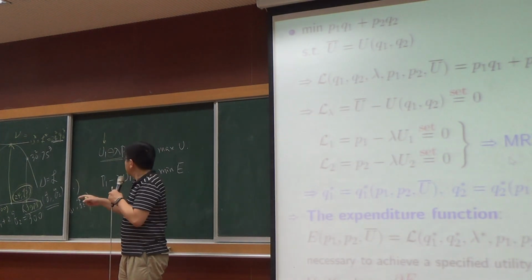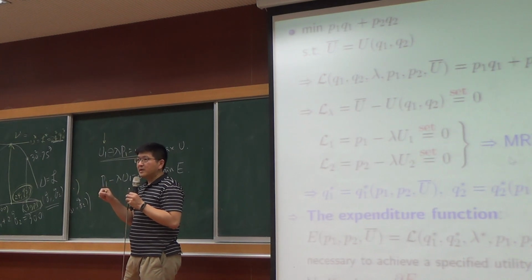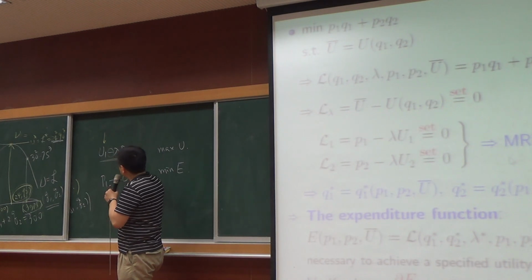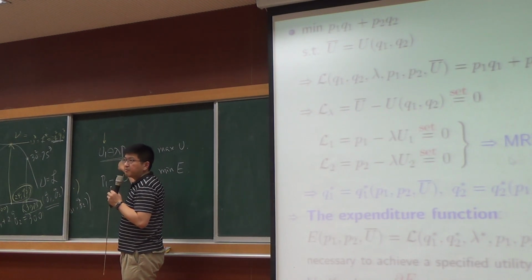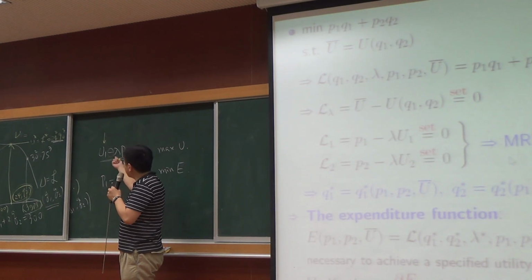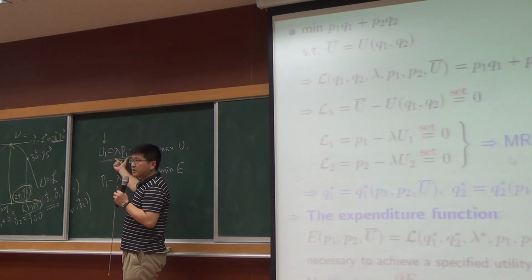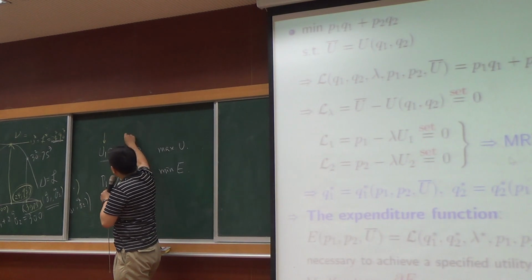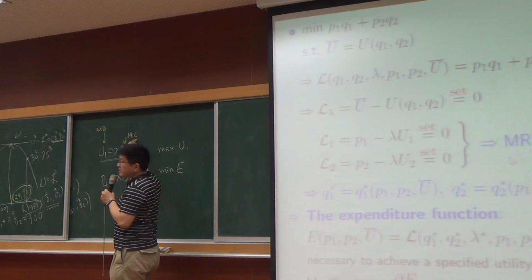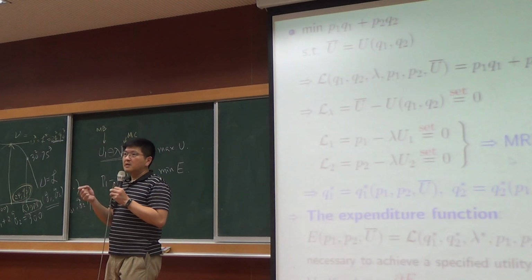And per dollar, lambda means the utility of an extra dollar, so lambda is the marginal utility per dollar. Now your income is cut by P1, so this would be the total utility you will lose, in the same unit. So this would be the marginal cost of one more unit of Q1.